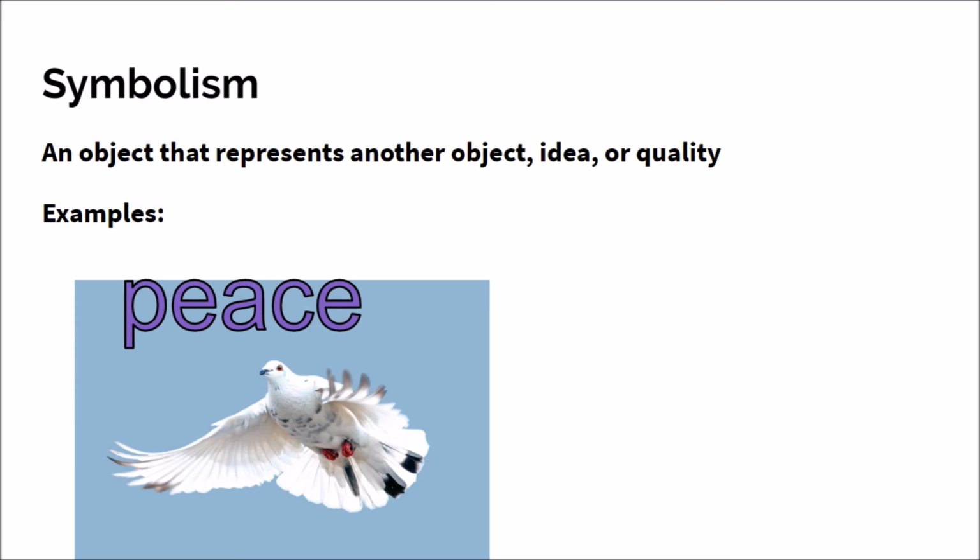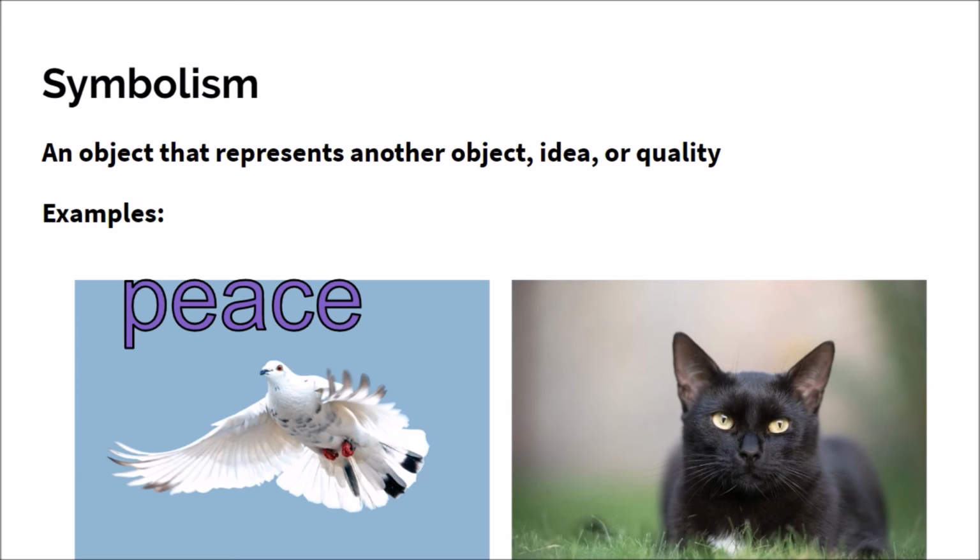Another example we have is a black cat. I don't know about other cultures, but in American culture, black cats usually symbolize bad luck. So that's another thing, is symbols can be different in different cultures.